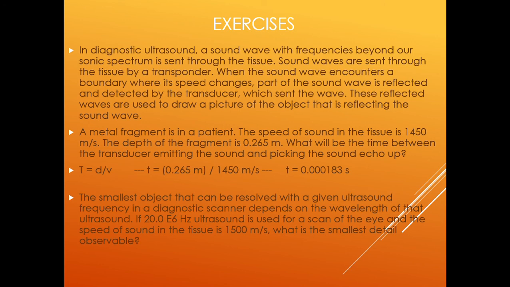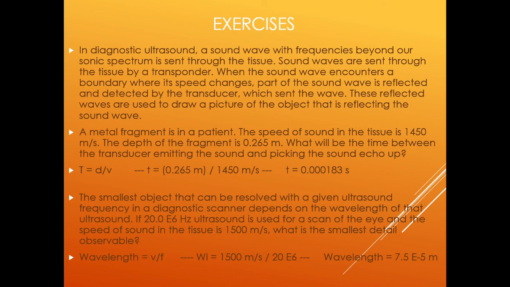So this might be a little bit tricky. They're talking about the smallest detail. In other words, we're talking about the wavelength. So our wavelength will be velocity divided by the frequency. If we substitute the values, our speed is 1500 meters per second divided by 27 waves per second.